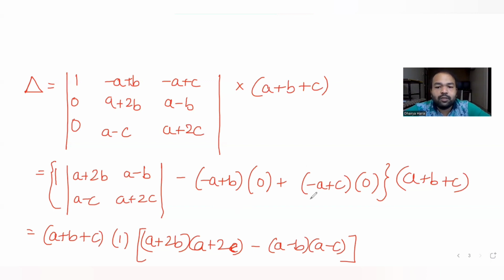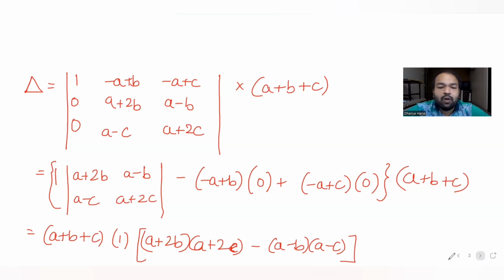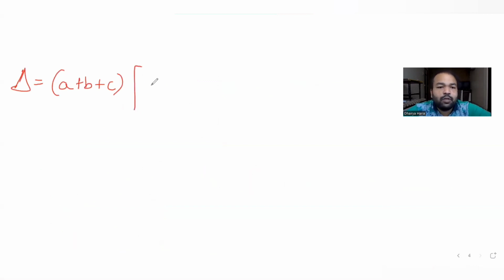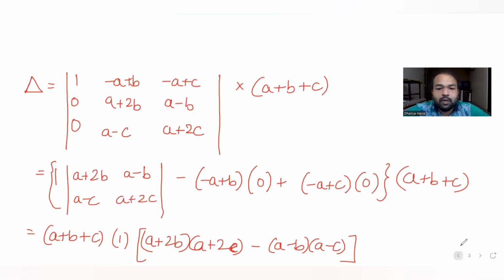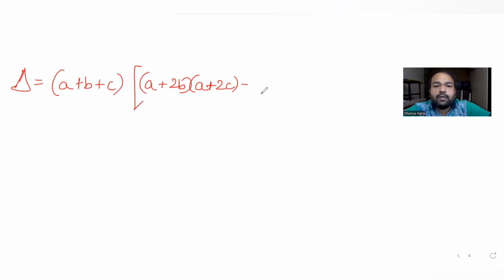This is 0, this is 0, so we do not have any concern with that. So delta's value now is a plus b plus c, and in the bracket I have to solve a plus 2b into a plus 2c minus a minus b into a minus c.